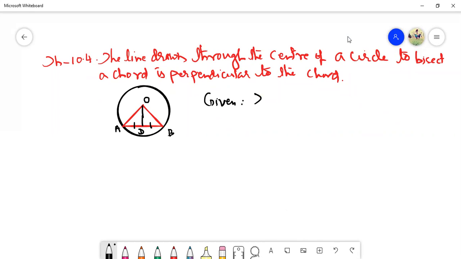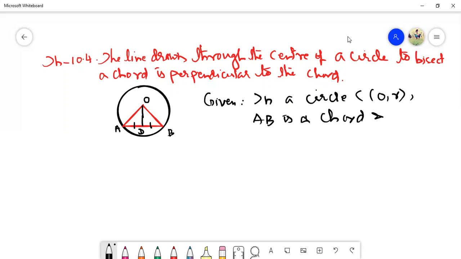So what we have given: a circle C, center O, OB radius, AB is a chord, and AD is equal to DB.